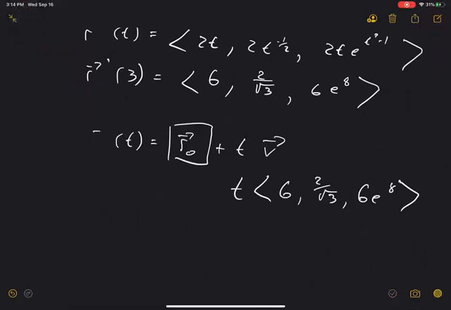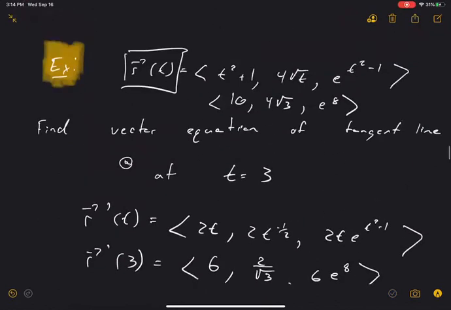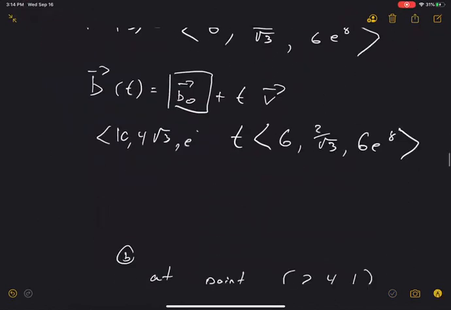I shouldn't use the same r for this equation of the line. Let's call it b. So my b sub 0, my point on the line, we said was 10, 4 square roots of 3, and e to the 8. So this would be the vector equation of the tangent line.